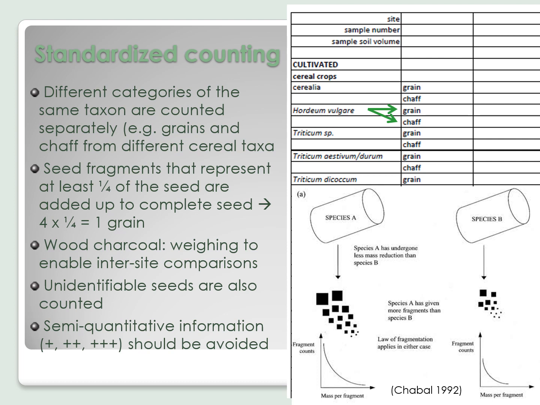Although they break in the same manner and the mass per fragment of each sample is proportional to the fragment count, comparison between sites is impossible if fragment counts are used. Therefore, weighing should be preferred for charcoal pieces.